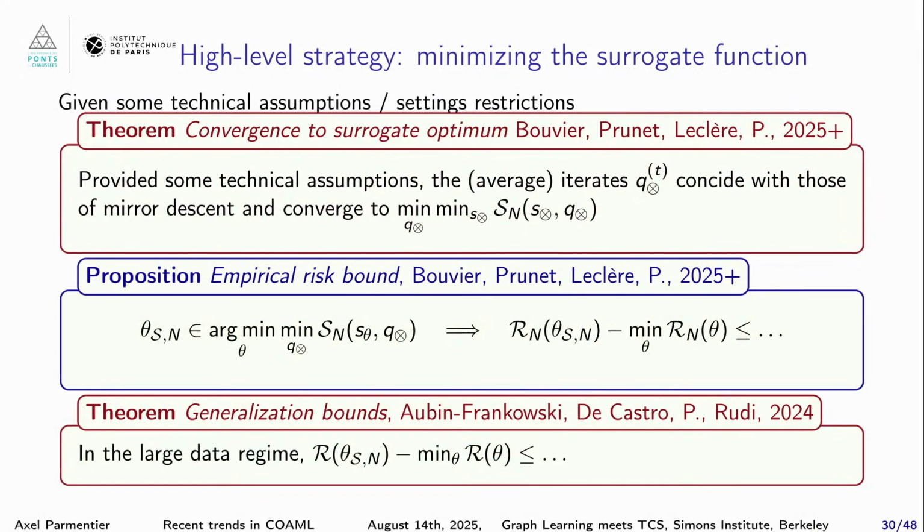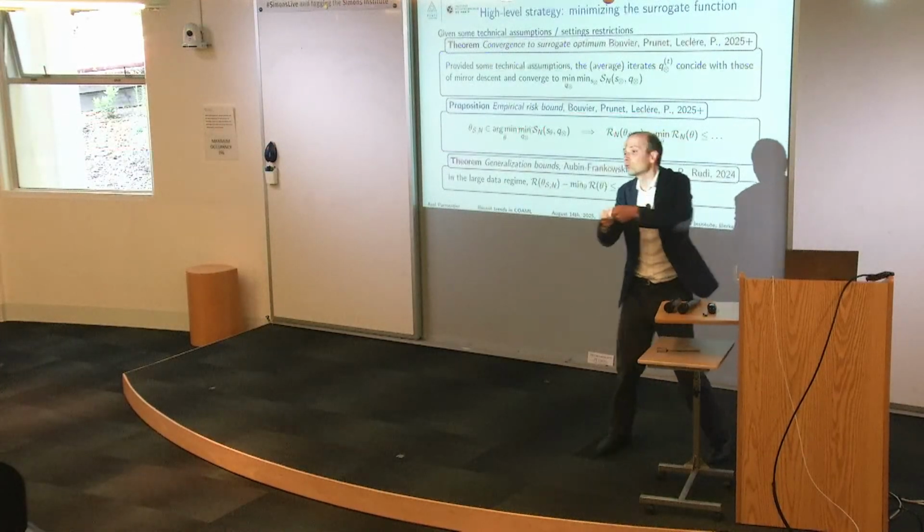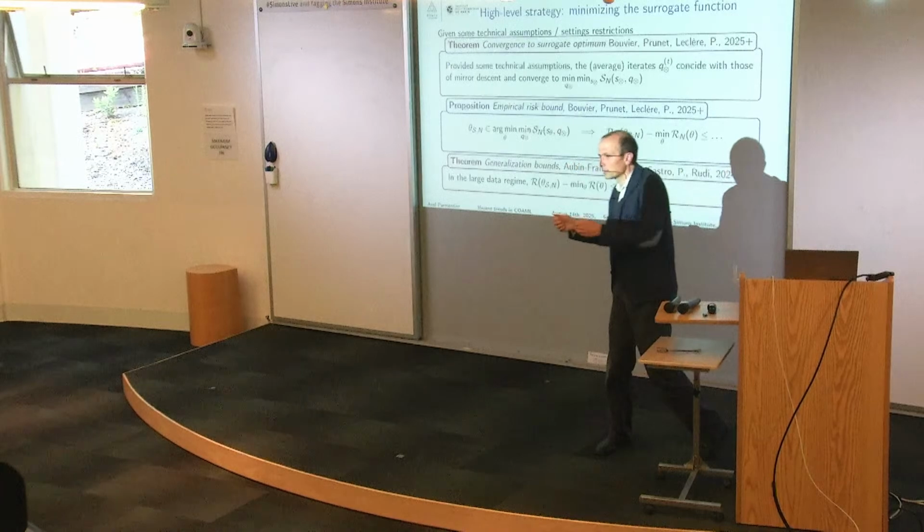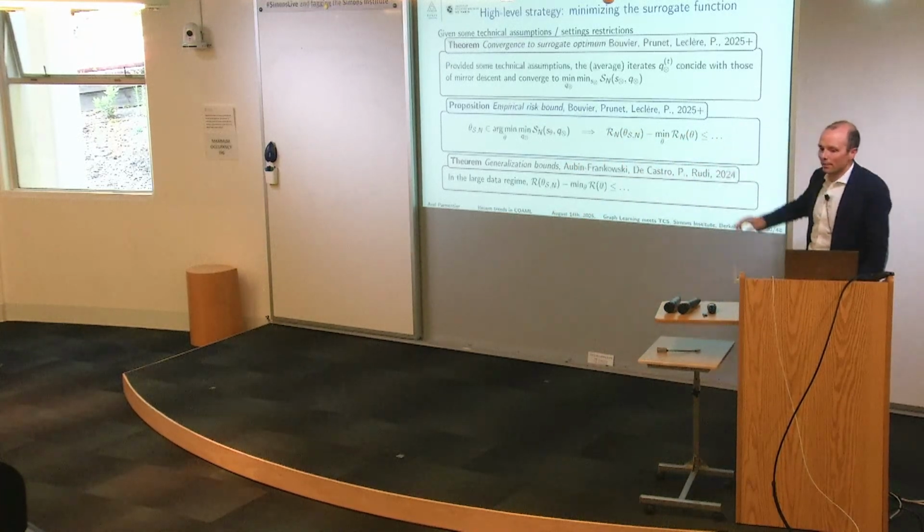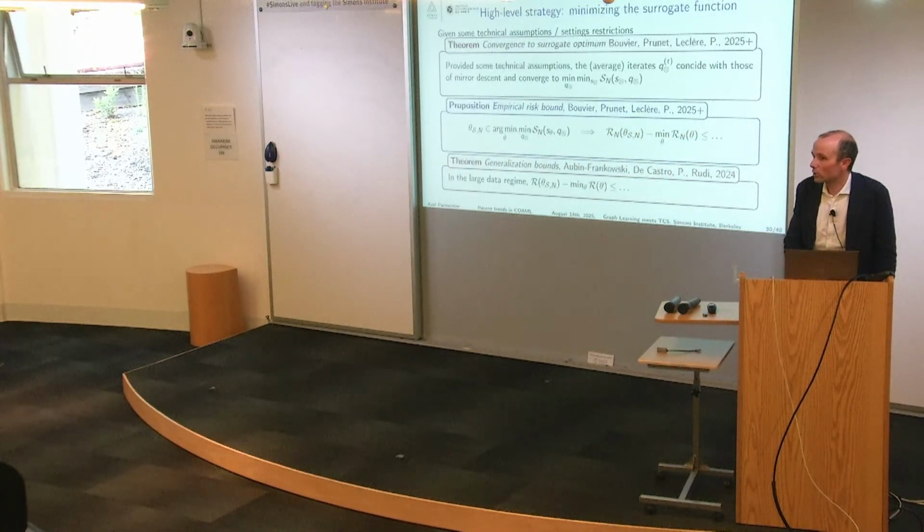And the last theorem is a statistical learning generalization theorem that tells you that basically if your data set becomes large enough, by minimizing the empirical risk, you go to the optimum of the true risk. Okay? So it's in that sense that we have an exact algorithm.